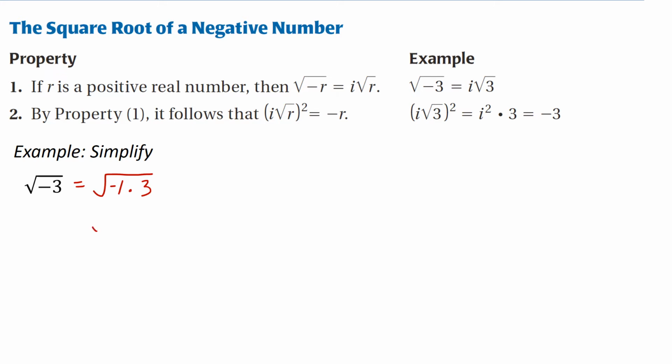So since they're both raised to the 1/2 power, which is what square root is, I could say this is the square root of negative 1 times the square root of 3. And we saw before that the square root of negative 1 is i. And radical 3, well, it would be a decimal, so let's just leave it as precise. So our final answer here would be i radical 3.